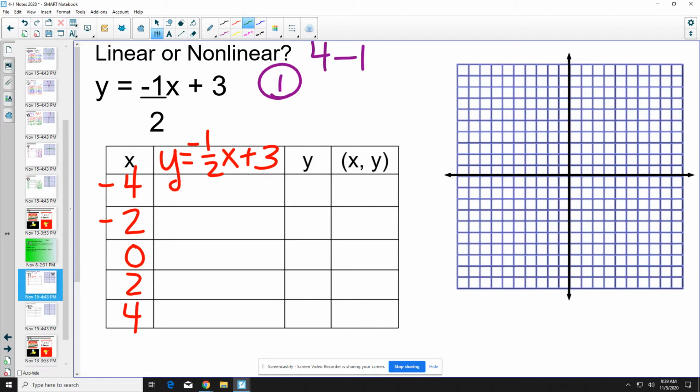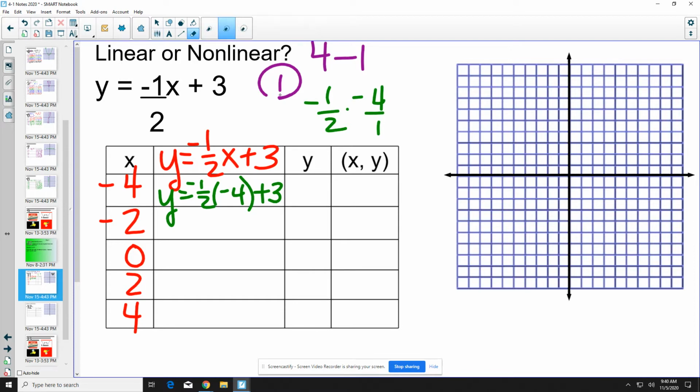All right, now complete this table with me. First I'm going to let x be -4. So I'm going to take -1/2 times -4 and add 3. If I take -1/2 times -4, -4 is the same as -4/1.